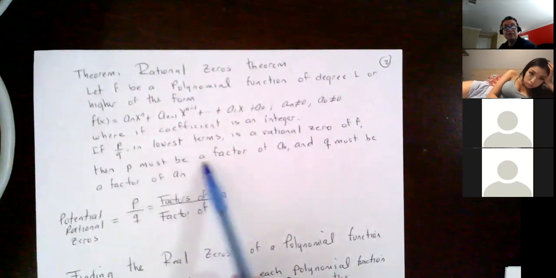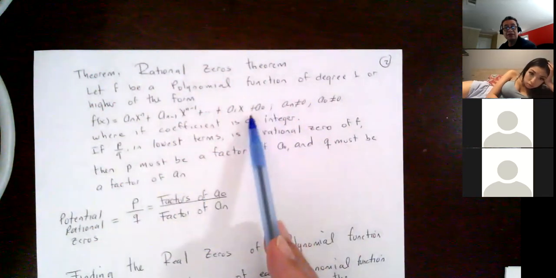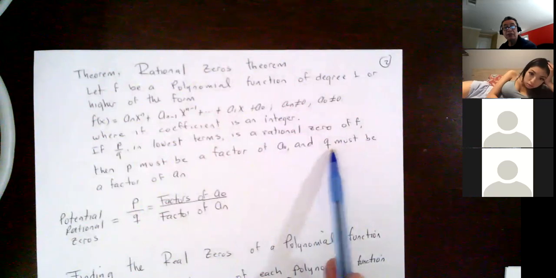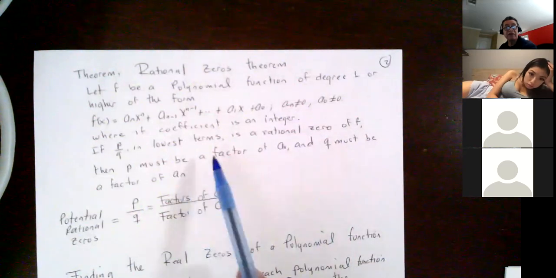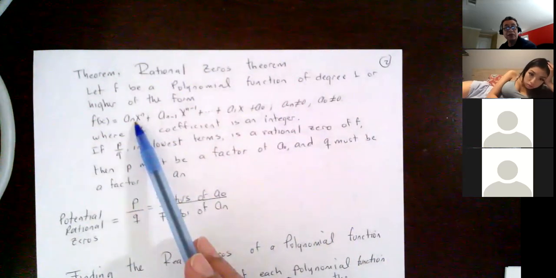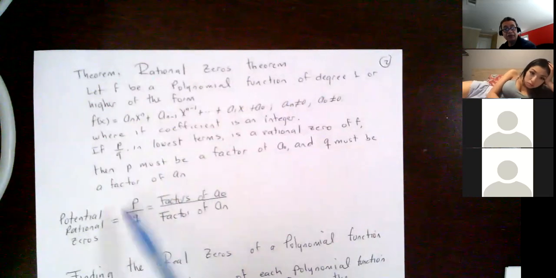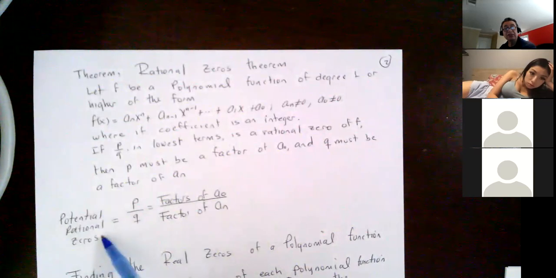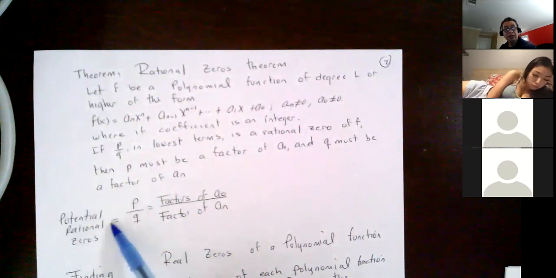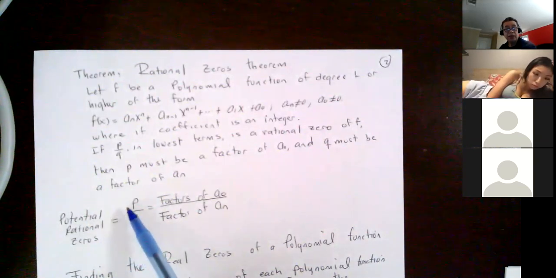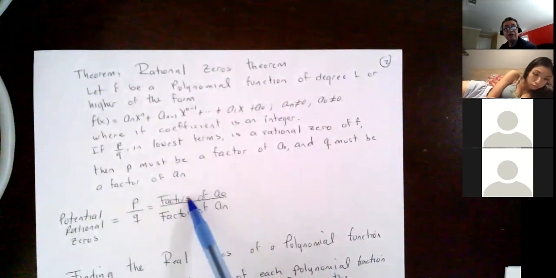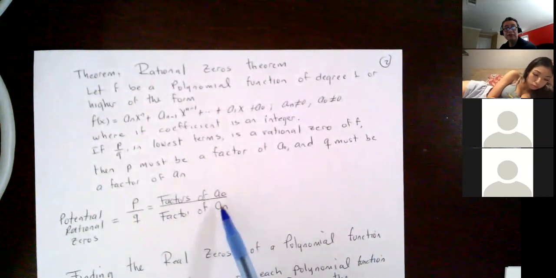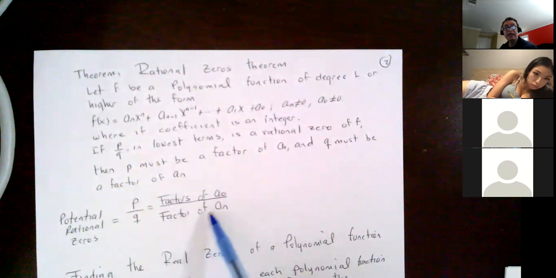Then p must be a factor of a sub 0, which is the constant, and q must be a factor of a sub n, which is the leading coefficient, by the way. In other words, in order to find the potential rational zeros of a polynomial, we're going to divide the factors of a sub 0 over the factors of a sub n.